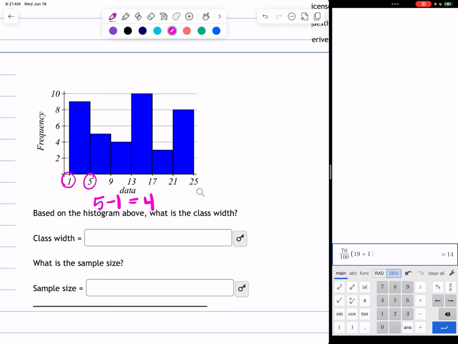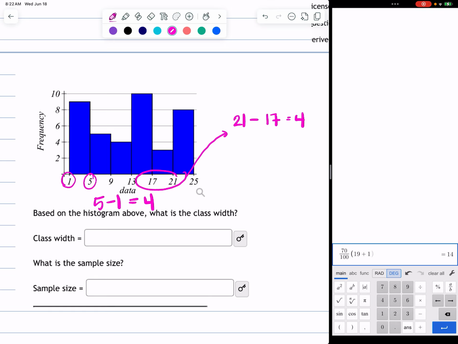That's it. Well, Ms. Graham, what if I don't like 5 and 1? What if I like 21 and 7 better? Okay. From the beginning of one class to the beginning of the next class, it's still 4. It doesn't matter which classes you pick, as long as they're consecutive.